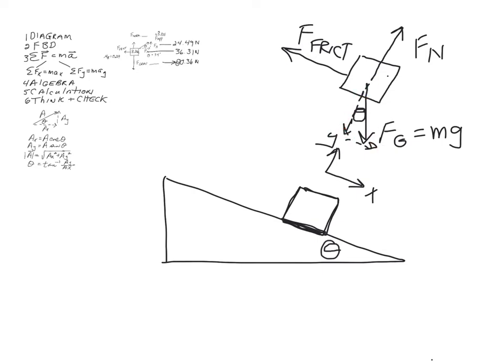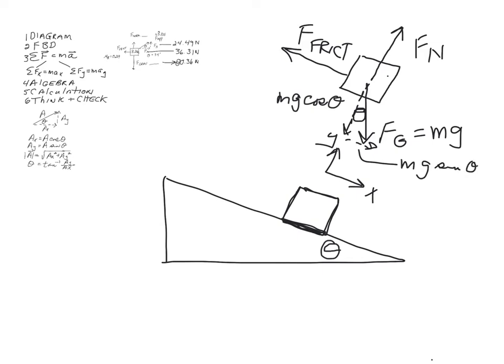And since the vector is Fg or mg, and since this is the angle, it turns out, because of the trig, that this y component is Fg or mg cosine theta. Why? Because the y part is adjacent to the angle, and opposite the angle, this one here is going to be mg sine theta.